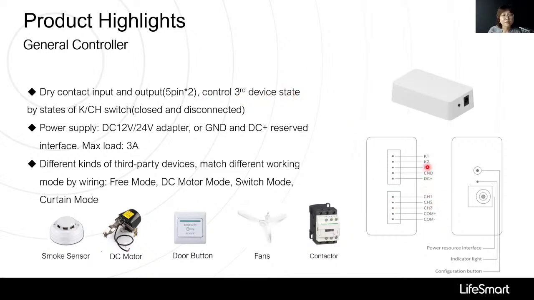The switches have two statuses, closed and disconnected, and there are two ways to power the general controller. We can connect a DC adapter, or we also have the ground and DC plus interface to power supply, and the maximum load is 3A.